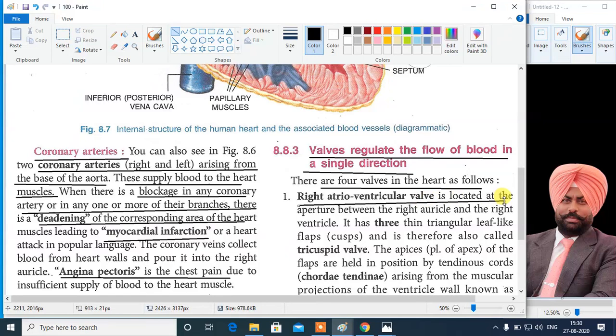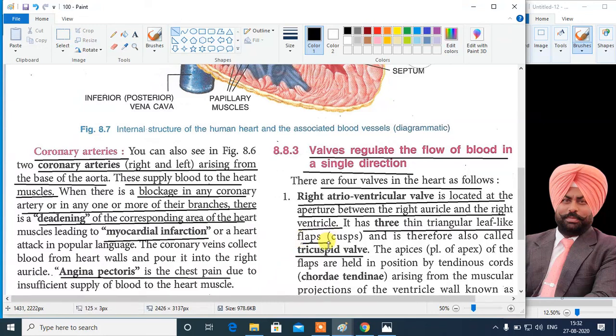This valve is located at the aperture between the right auricle and the right ventricle. This valve is also called tricuspid valve. The reason is that this valve has three thin, triangular leaf-like flaps or cusps. That is the reason it is called tricuspid valve.